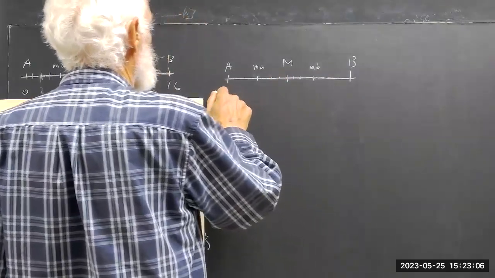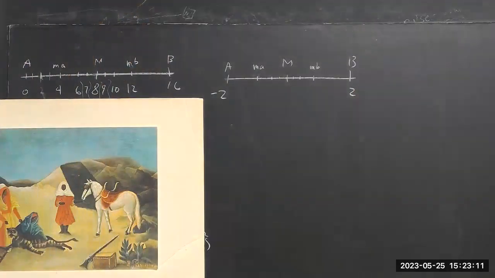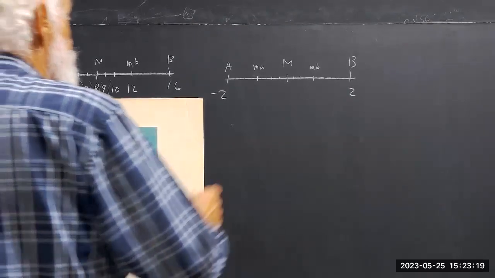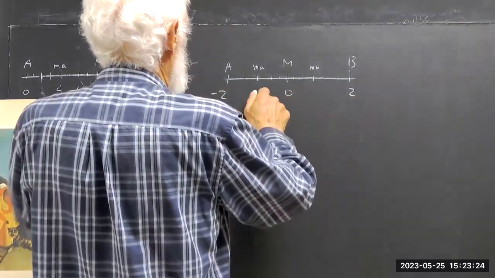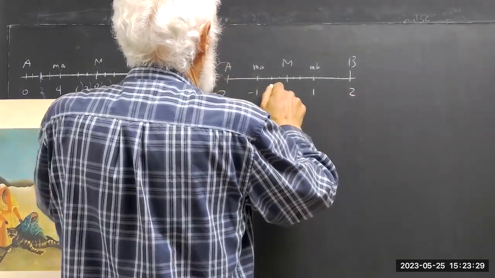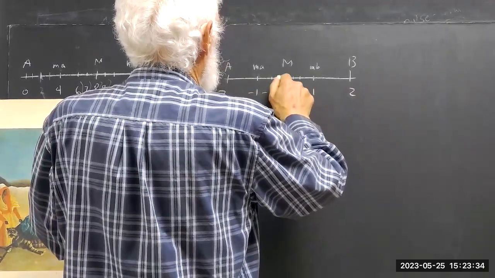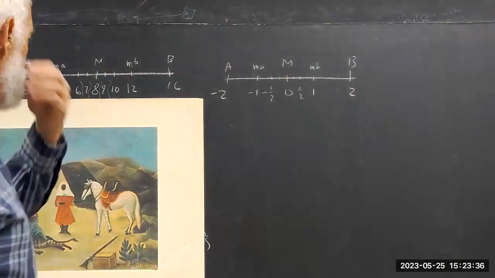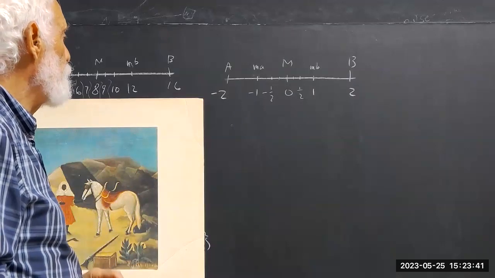We want to label it. This would be -2, this would be 2, 0 here. Halfway between -2 and 0 is -1, halfway between 0 and 2 is 1, halfway between -1 and 0 is -1/2, halfway between 0 and 1 is 1/2, and then we don't label these two points, but we're going to want to understand where they are, because we're going to need them in the next video.